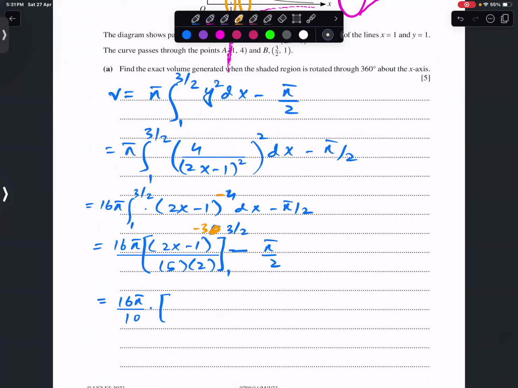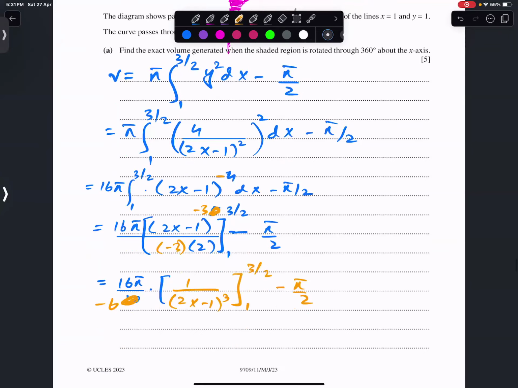तो ये थोड़ा सा मिस्टेक होगी थी यहाँ पे, because integral की पावर थी -4. अच्छा, तो ये आएगा -6, and then we have 1/(2x - 1) whole power 3, the limits are from 1 to 3/2 minus π/2.